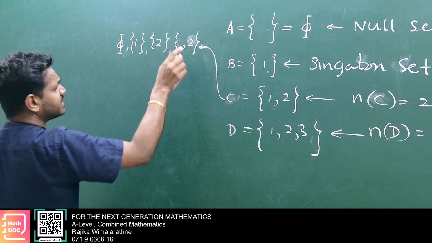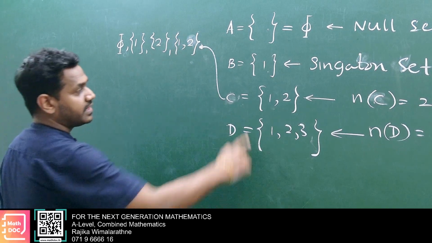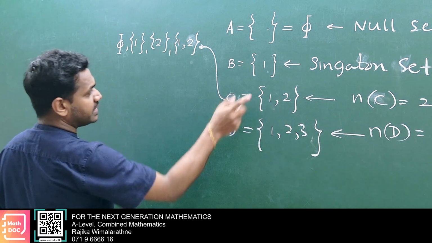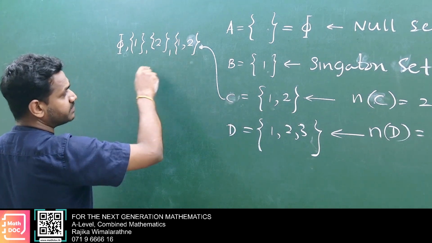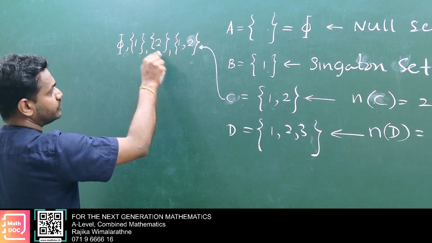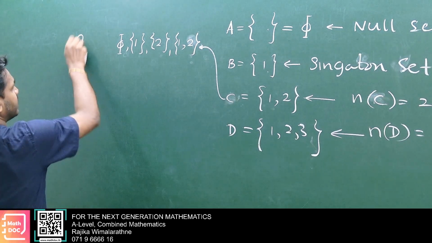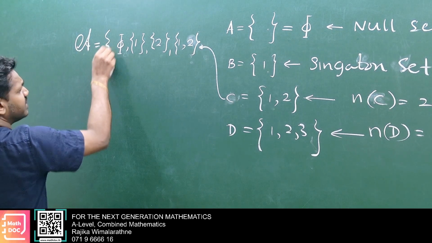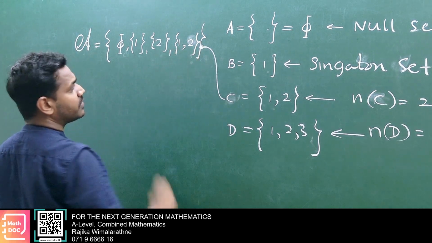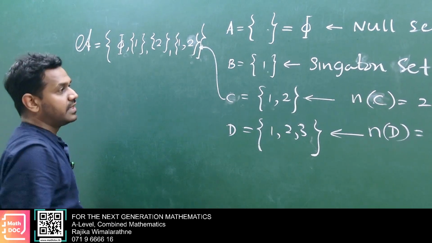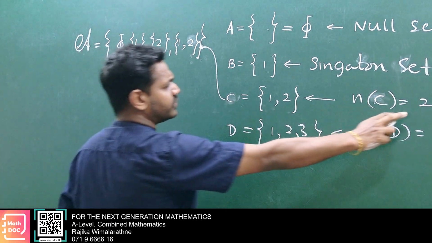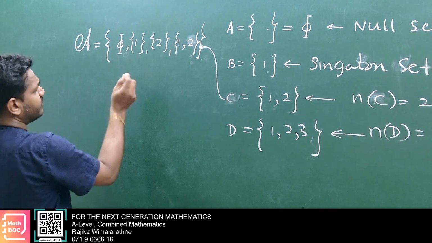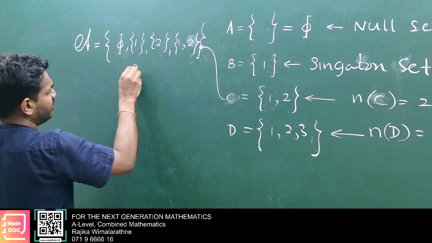These are the possible subsets. This is the given set, and we can split it into subsets: null, 1, 2, 1 and 2. Here we call it the universal set, with all possible subsets. The number of elements is 2, so 2 to the power 2.